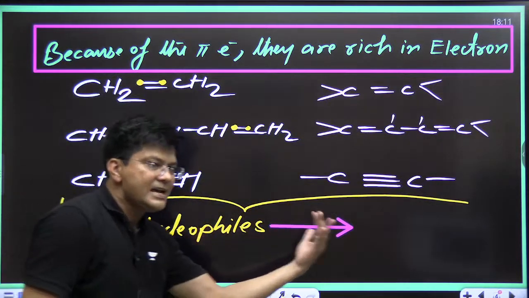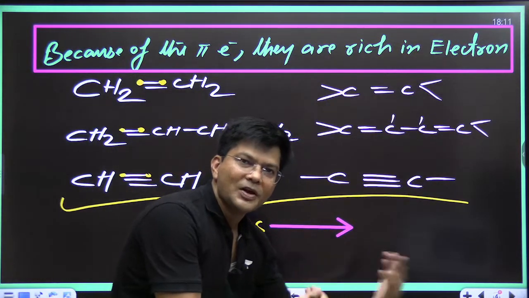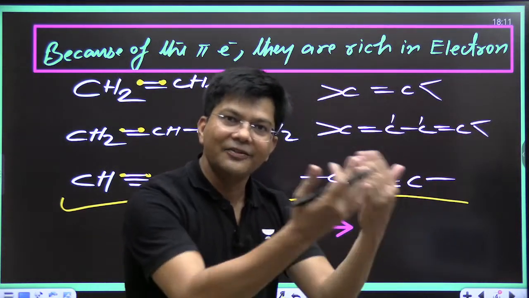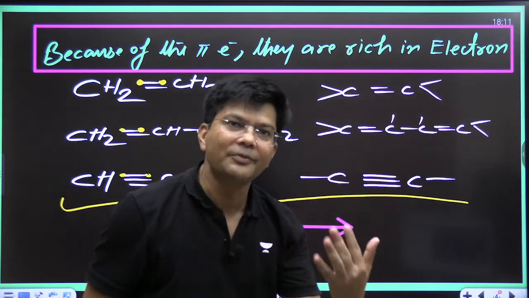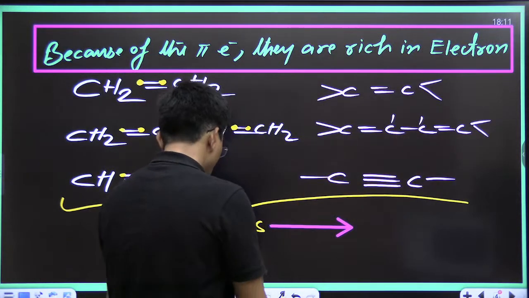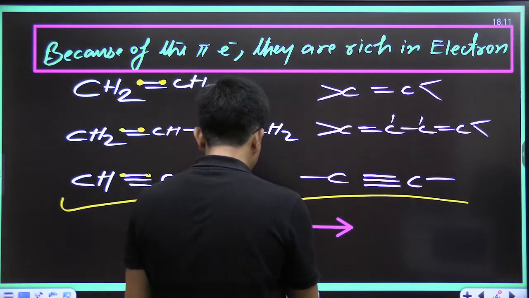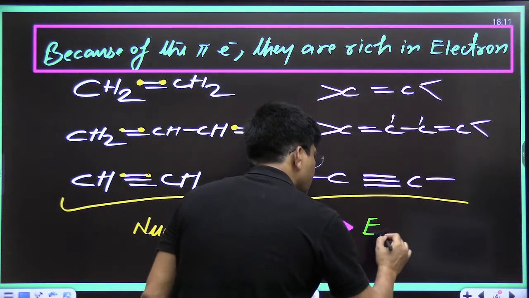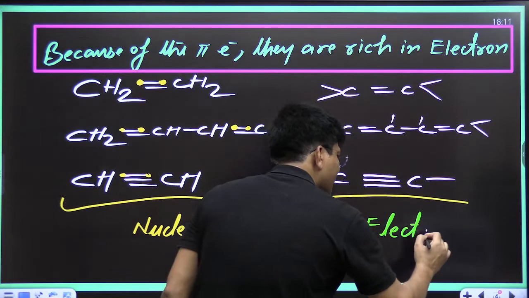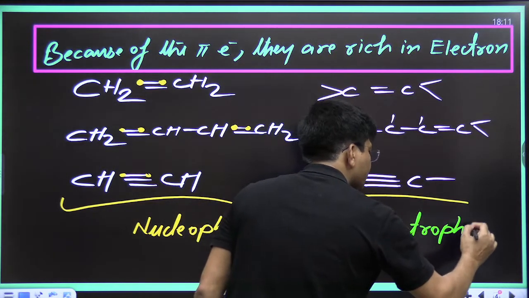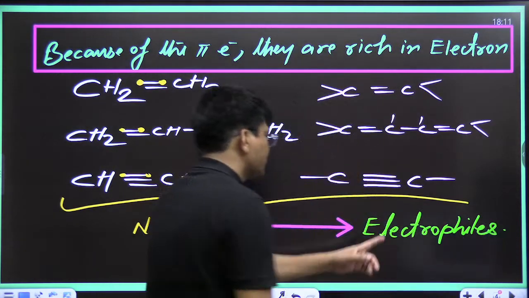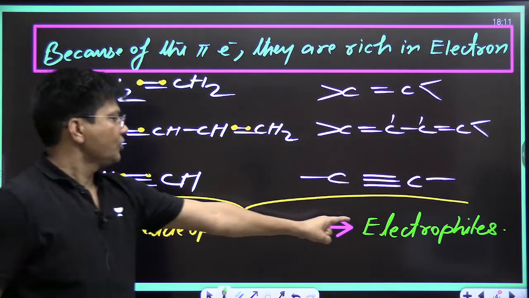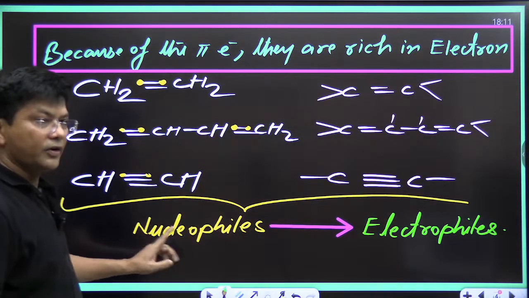They will say, hey, come over here. So whom are they calling? They are calling the electrophiles. The electrophiles will get attracted towards these, because they are electron deficient and these are electron rich.